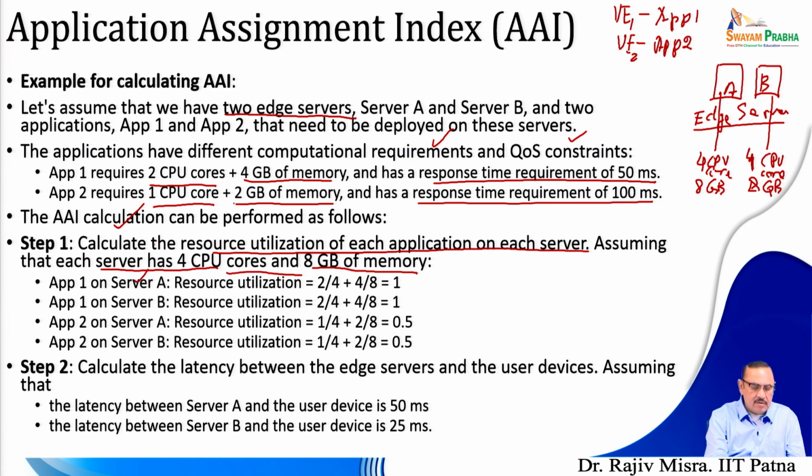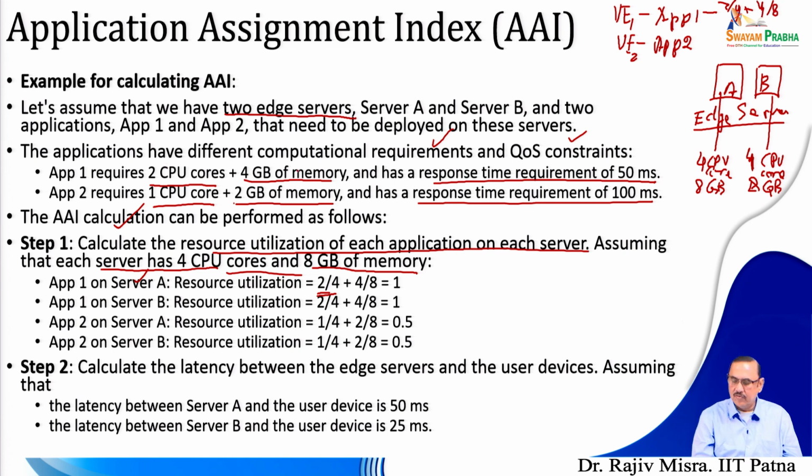So, for application 1 on server A the resource utilization would be 2 by 4 plus 4 by 8.